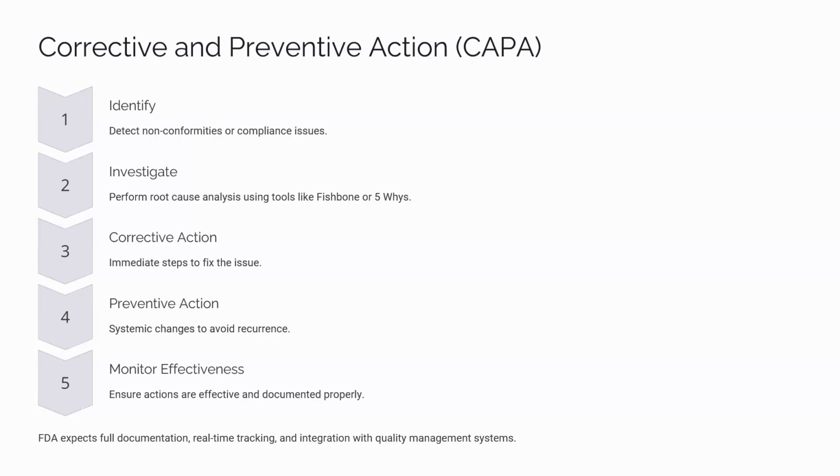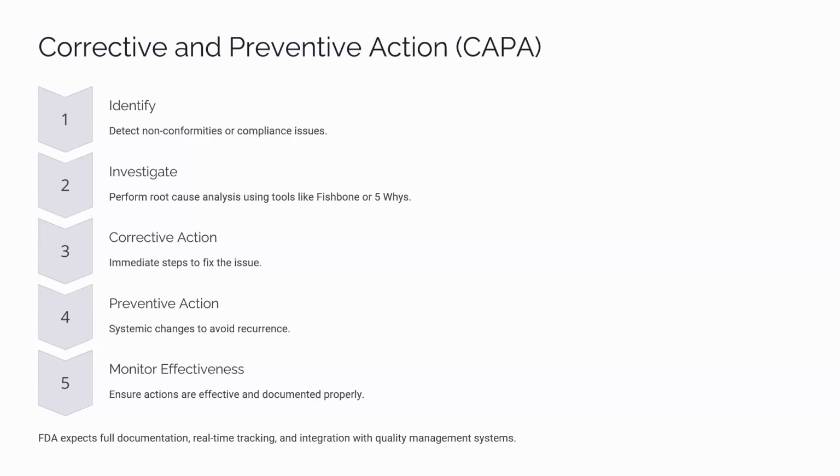Then preventive action is identified, what can be done in future to prevent the non-conformity or compliance issues that have been faced by the company. So a systemic change to avoid recurrence is placed in motion. And then lastly, monitor effectiveness.